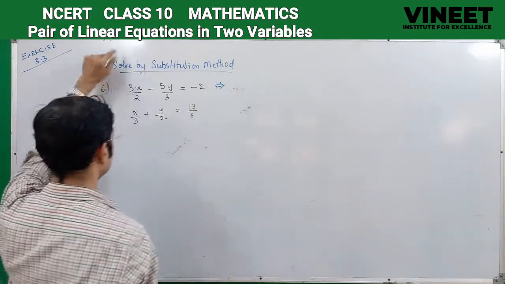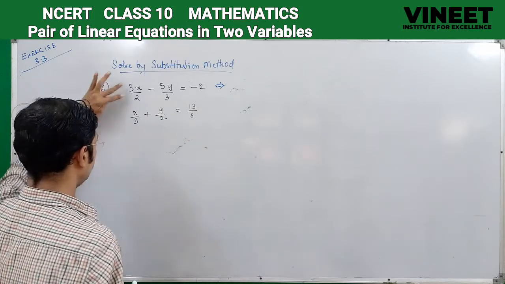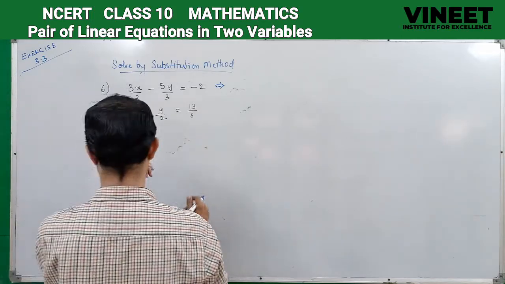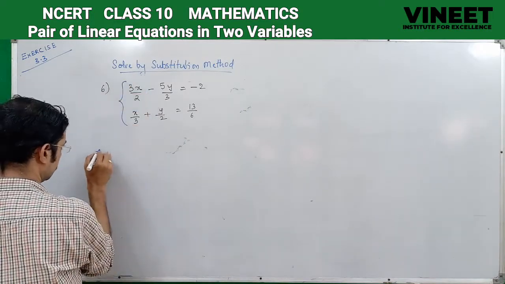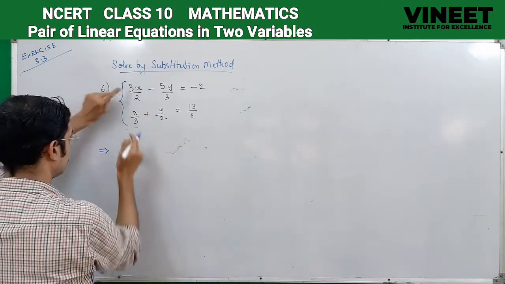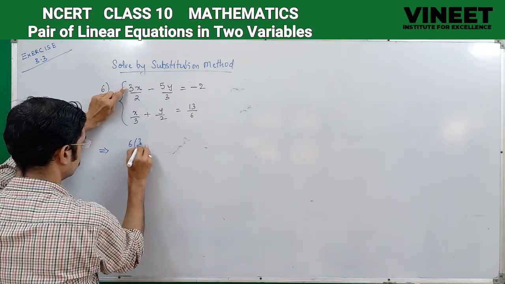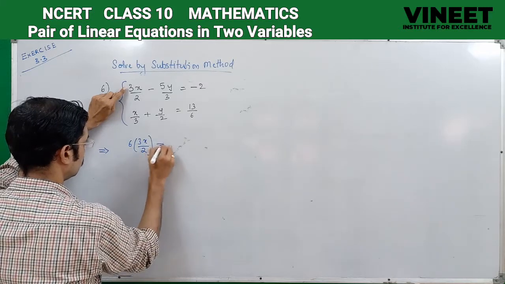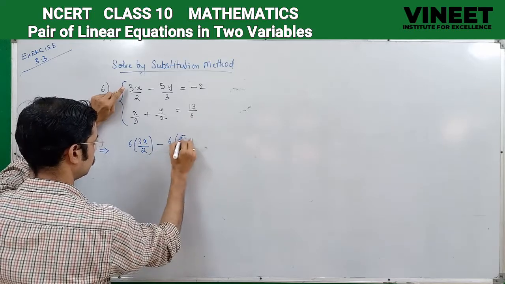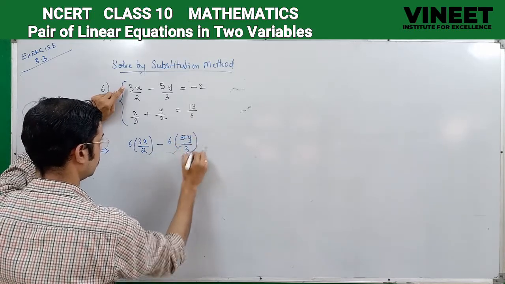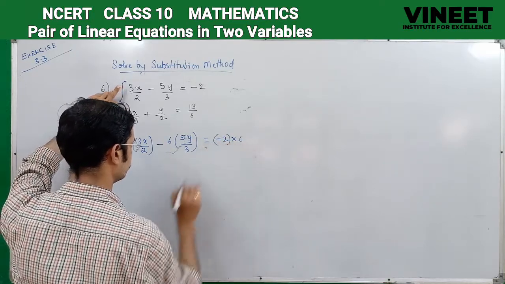So first of all, let us see. The LCM here is 6. So I will multiply by 6 throughout. When I multiply by 6, what do I get? This is one set. So the set becomes 6 into 3x by 2 minus 6 into 5y by 3, and that is equal to minus 2 into 6.